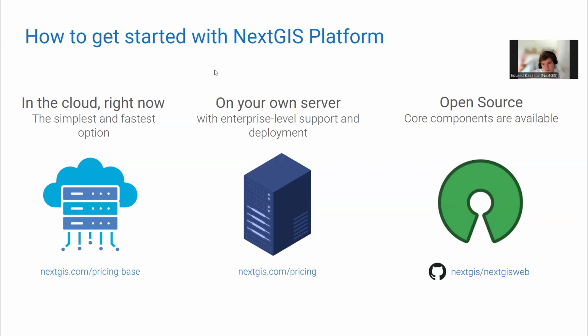You can build this infrastructure with mobile application servers, etc., on your own hardware, your own network, to work independently. And core components are also available as open source, so you can deploy your own NextGIS Web instance from source. You can take NextGIS Mobile, which is also an open source mobile application, and use it without licenses, cloud services, etc.